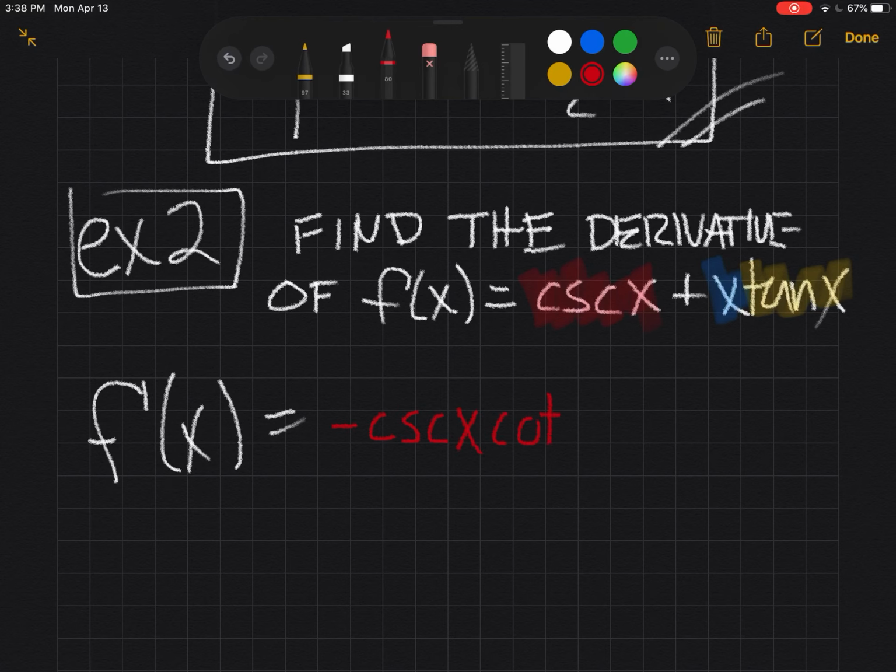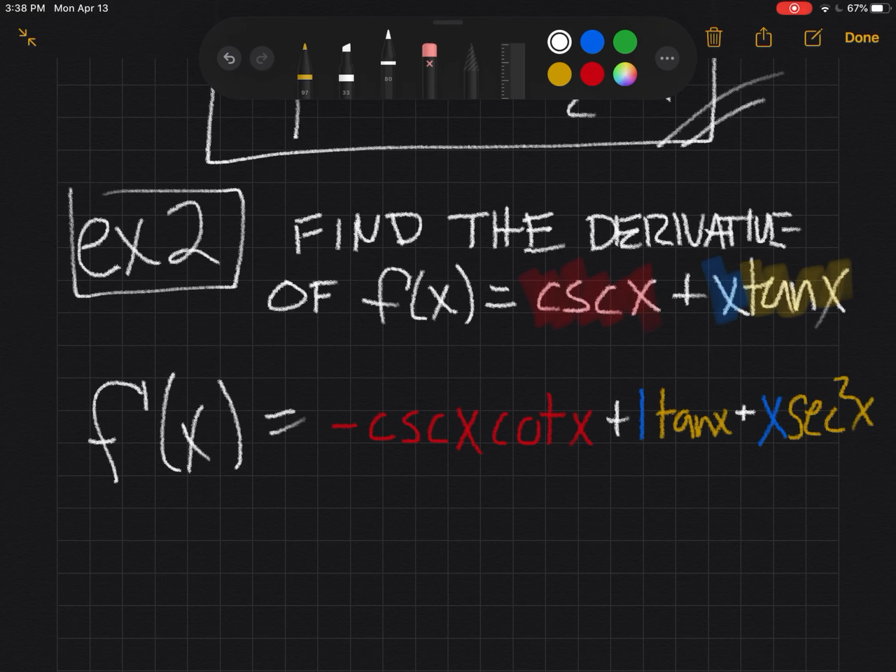So here we have our derivative, f prime of x. So first we take the derivative of the part in red, cosecant of x. And the derivative of cosecant of x is defined to be negative cosecant x cotangent x. And then we have to take the derivative of our second term, which involves the product rule. So the product rule says I take first the derivative of the blue function, which is 1, times the yellow function, tangent of x.